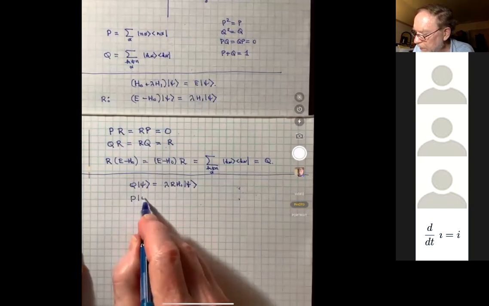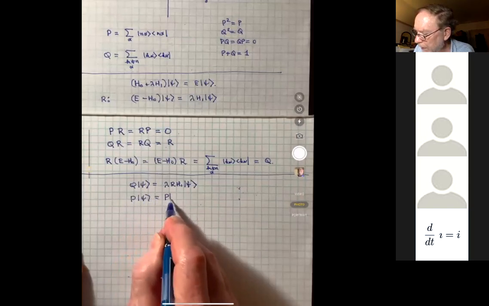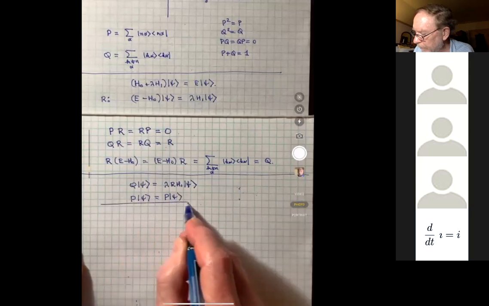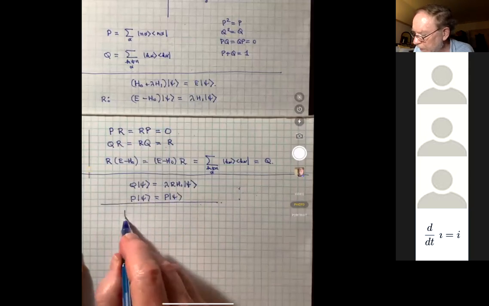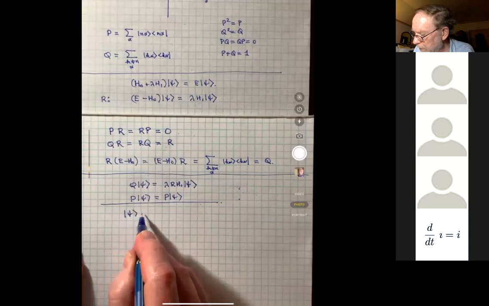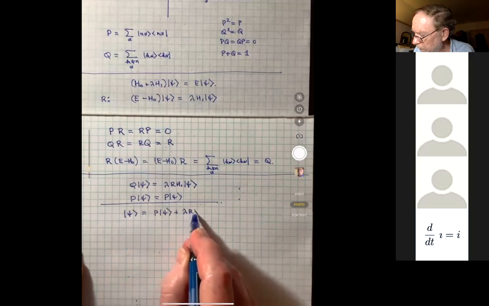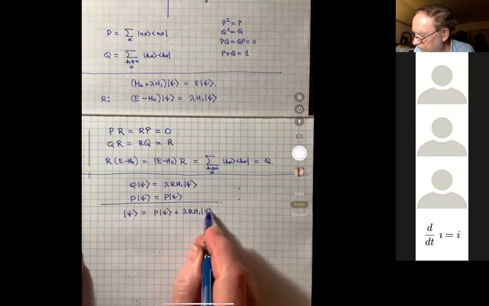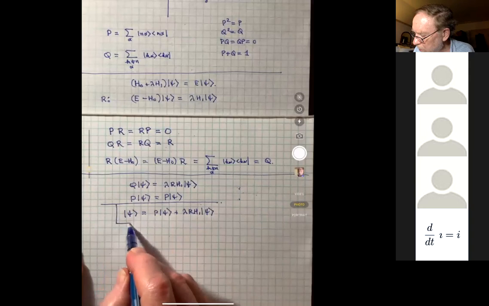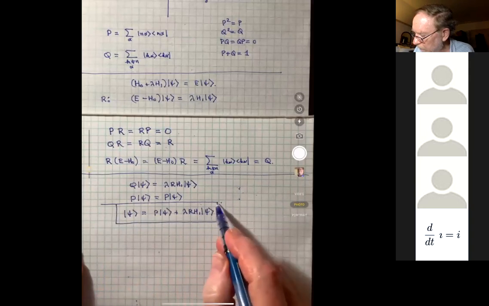In fact, let's take the easy part, P psi, and add it to both sides. And if we do, on the left-hand side you get the total psi is equal to P psi plus lambda R H1 psi. And let me box this because this is a useful result.